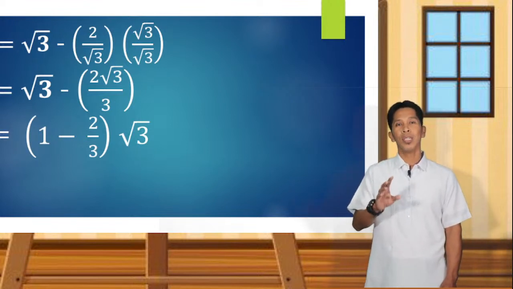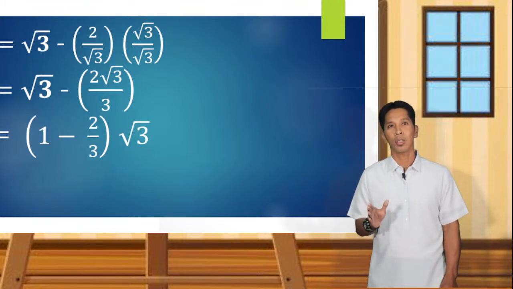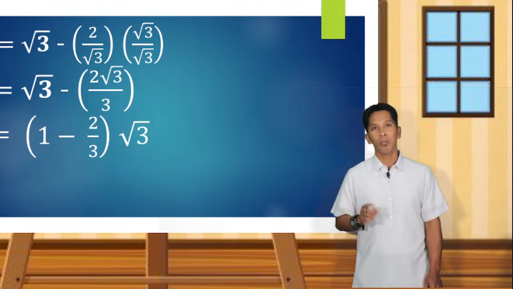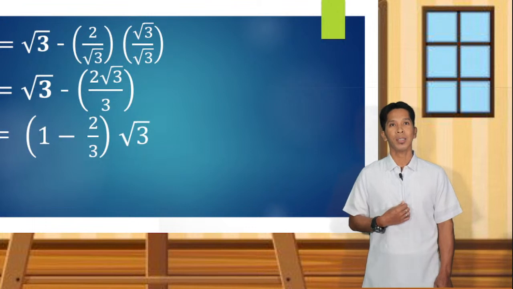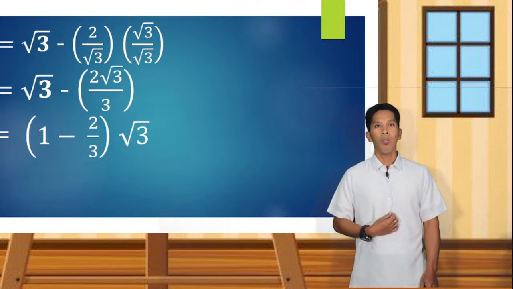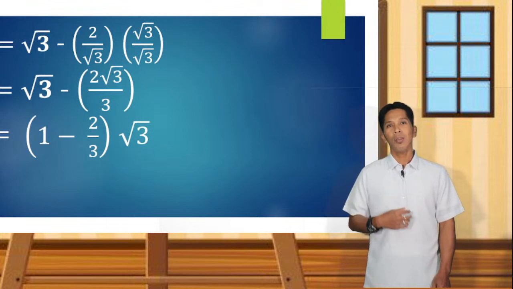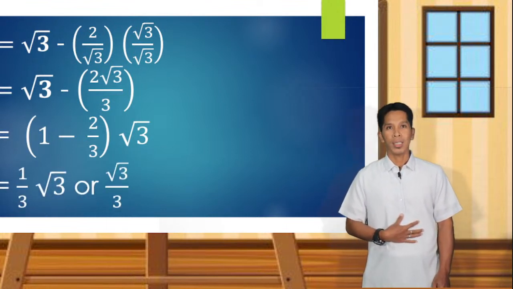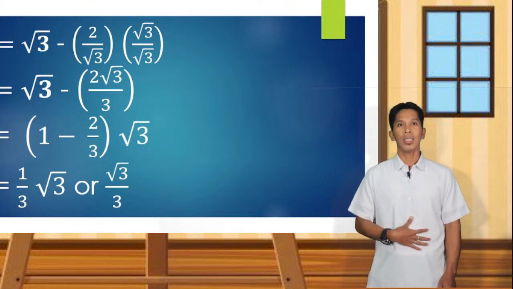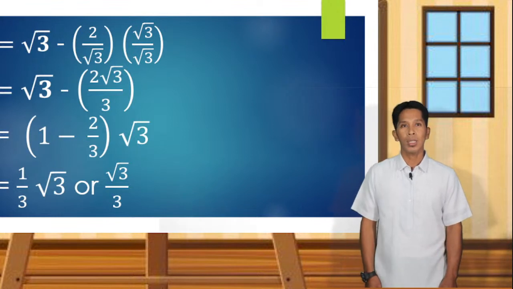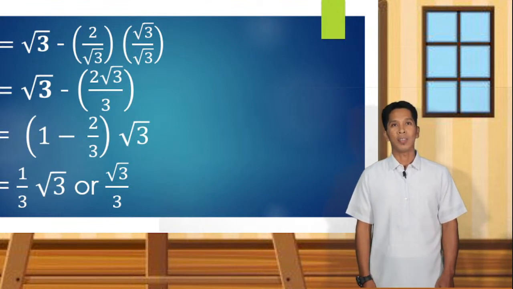So in this case, we need to make 1 also as a fraction, wherein the denominator will be 3. So what will be the fraction form of 1 such that the denominator will be 3? Correct. It is 3 over 3. And 3 over 3 minus 2/3, that will be 1/3 square root of 3. So the answer is 1/3 square root of 3 or square root of 3 over 3.